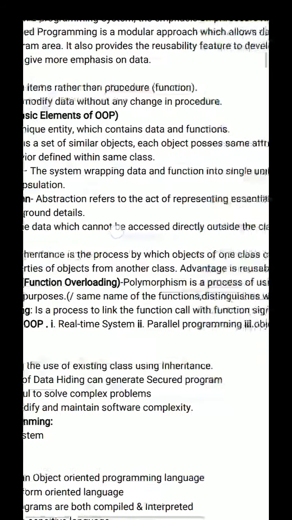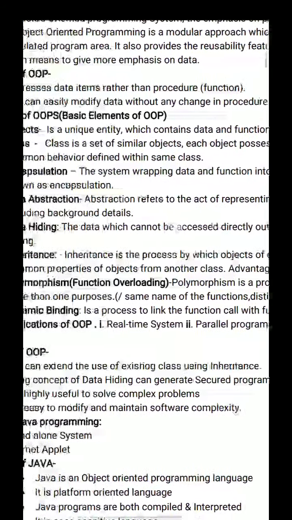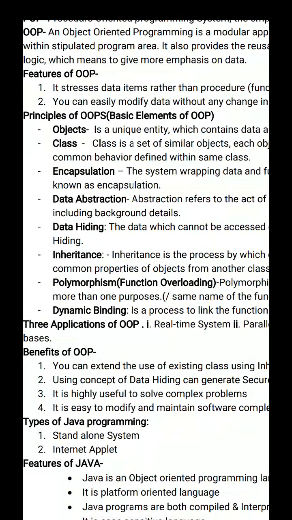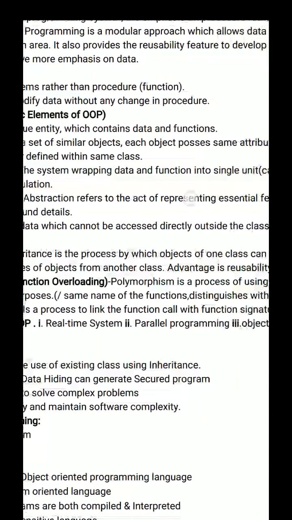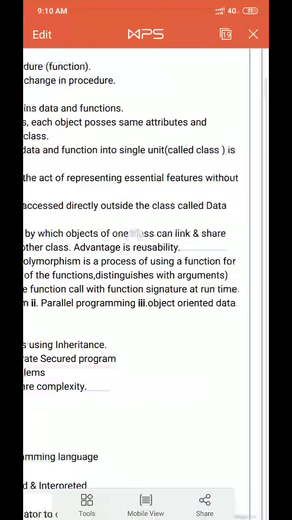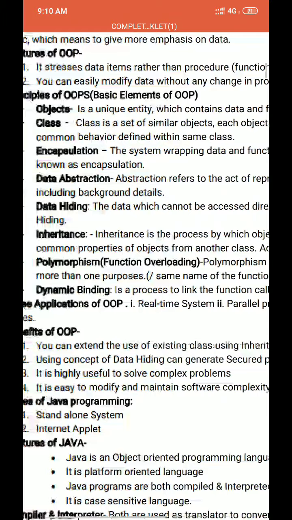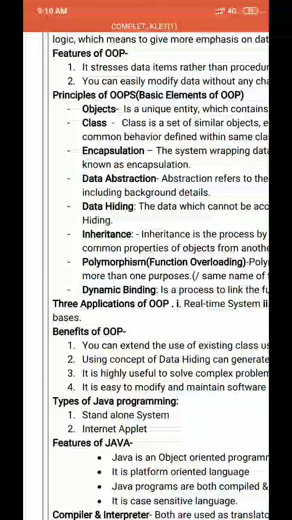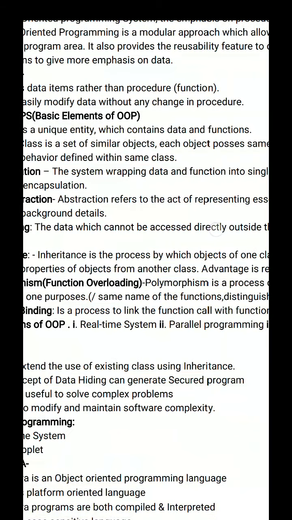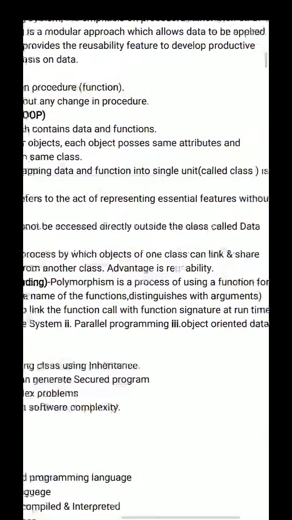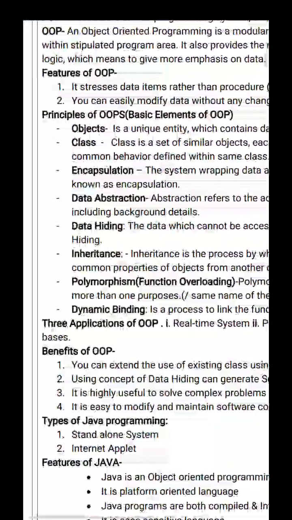The system of wrapping data and functions into a single unit is called encapsulation. Data abstraction: abstraction refers to the act of representing essential features without including background details. Data hiding: data which cannot be accessed directly outside the class is called data hiding.